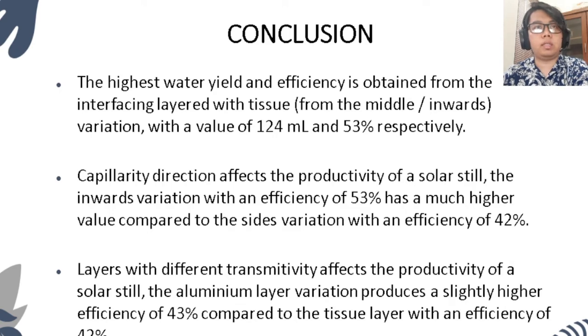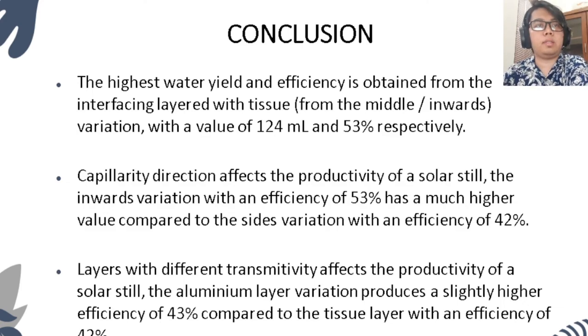The second point being capillary direction affects the productivity of a solar still. The inwards variation has shown an efficiency of 53%, which is a much higher efficiency compared to the sides variation, being an efficiency of 42%.